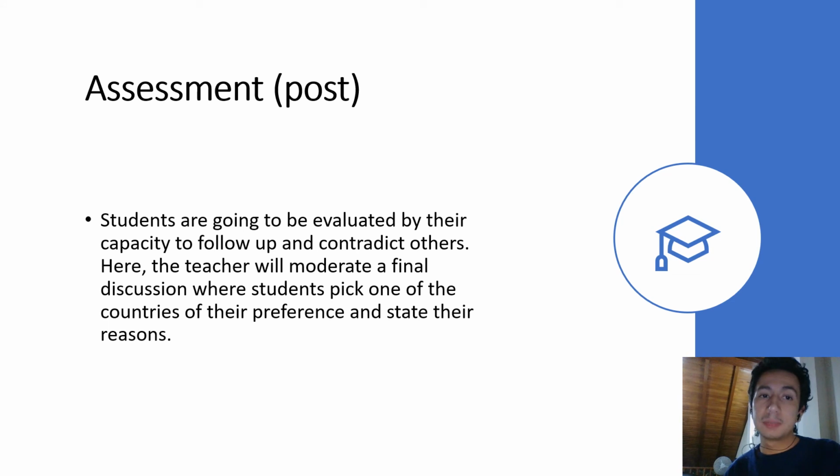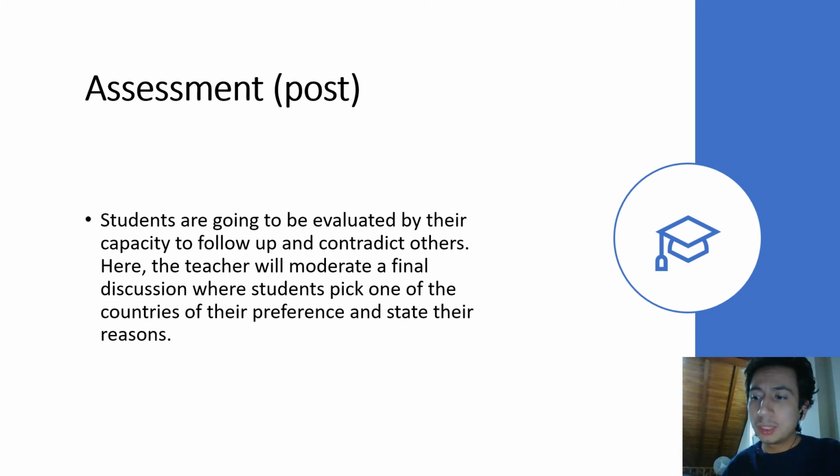Now for the assessment. Here I'm going to evaluate the student's capacity to show their own opinion, that is, following up on others' opinions or contradicting others' ideas. It's also important that here students are engaged in a debate.